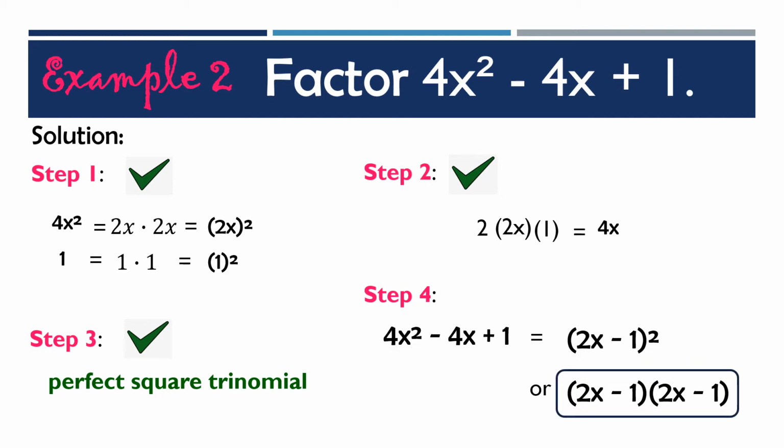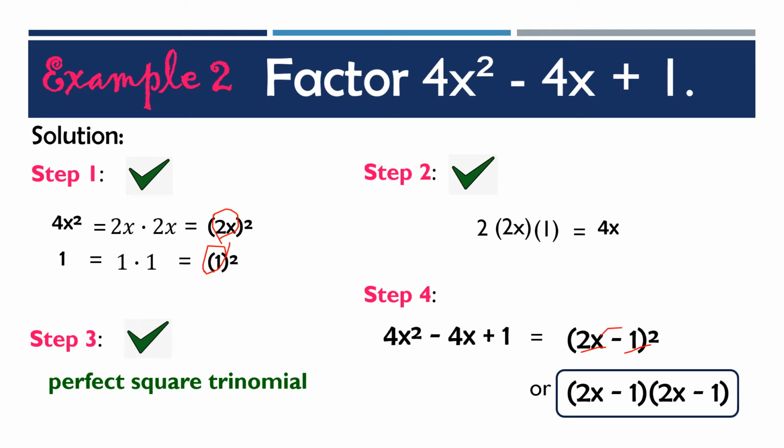Again, where did we get 2x? It is the square root of the first term. How about 1? We get the quantity 1 as the square root of the last term, which is 1.